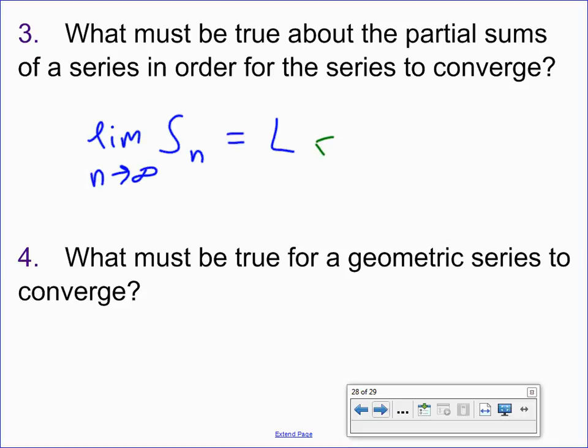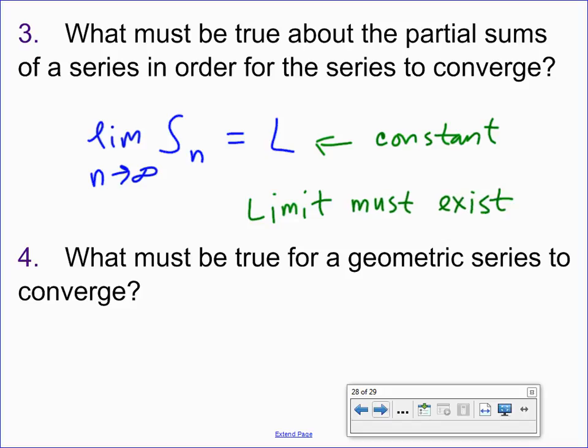So this limit must exist. If I can evaluate the limit as n goes to infinity of the partial sums formula, and it equals some number, if the limit exists, then the series converges and equals the value of that limit L. So this limit must exist in order for the series to converge.